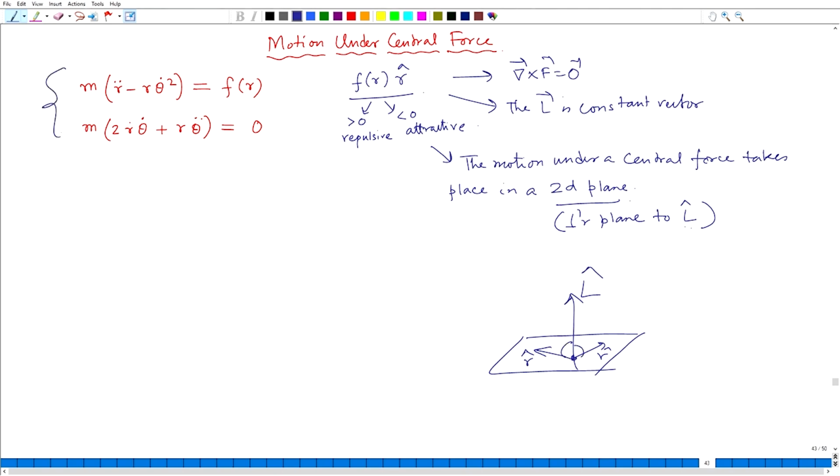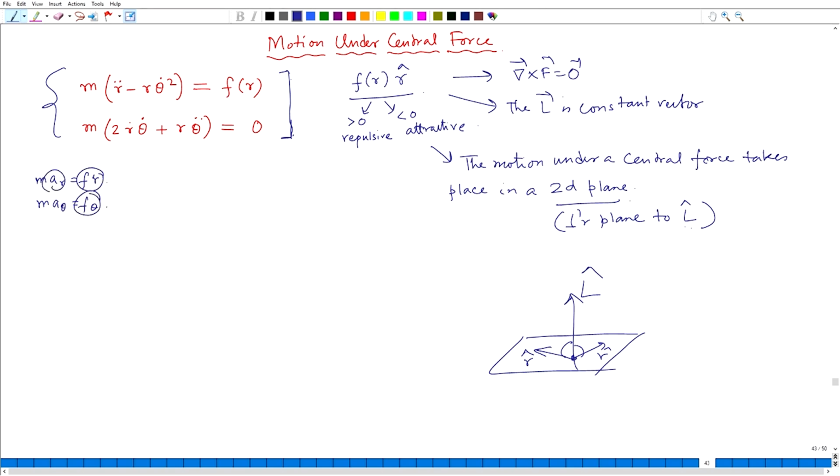We calculated the radial and the cross radial components of the acceleration, and then we used our famous Newton's laws in 2D polar coordinate form. We simply said that m a_r is equal to F_r and m a_theta is equal to F_theta.